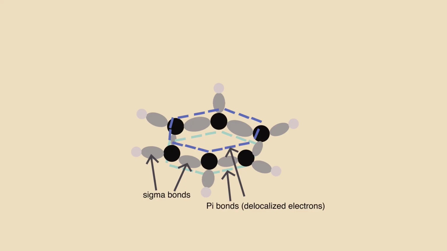The pi bonds, as you can see, are located on the top and bottom of the molecule. These are the electrons that are making the bonds. They are considered delocalized, and contain the electrons that will eventually get distorted if it gets put near a positive charge.